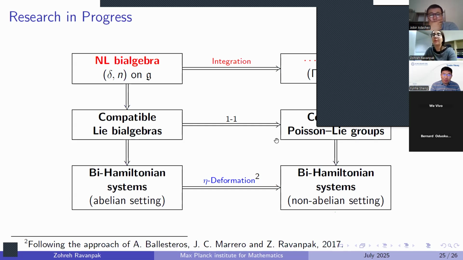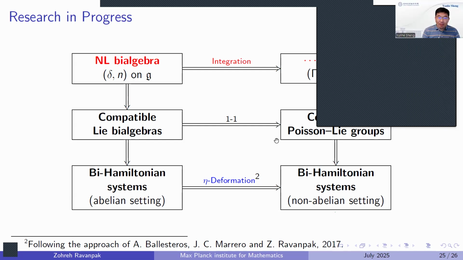I should have mentioned it in the beginning. Two Lie algebras are compatible if all the Lie algebras are compatible together. And compatibility of Lie algebras means that the sum defines again a Lie algebra.